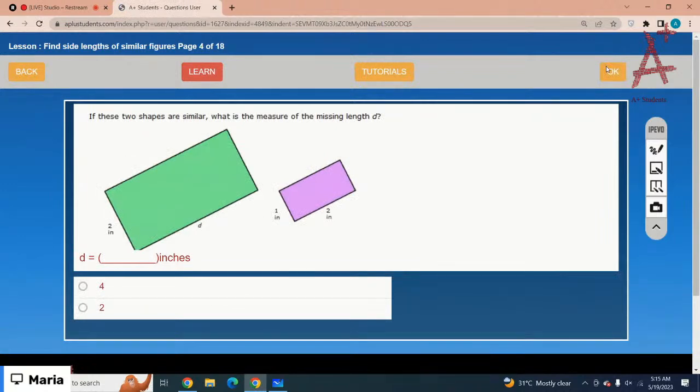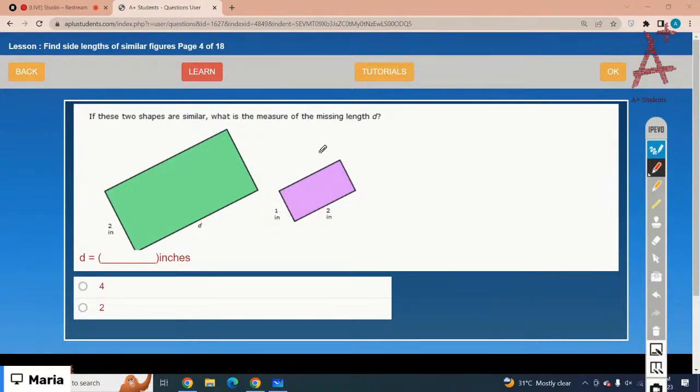Okay, the next one is if these two shapes are similar, what is the measure of the missing length d? So it would be 2 divided by 2d, and 1 divided by 2. So it would be d times 1 equals 2 times 2. So it would be 4.